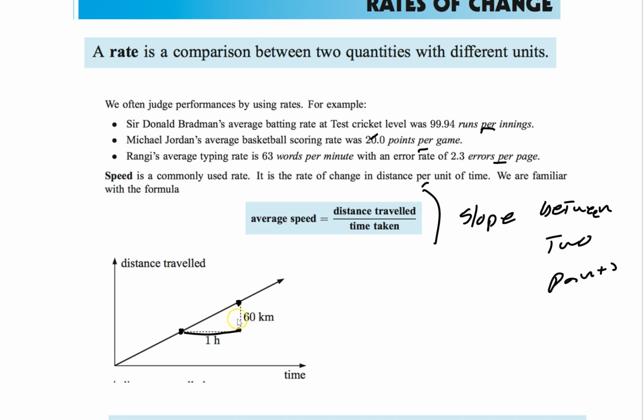It's rise over run, right? Slope, right? 60 kilometers per 1 hour. So rate is just slope, right? You find 2 points. You want to find the rate between those 2 points. You do the slope equation. So that's what rate is.